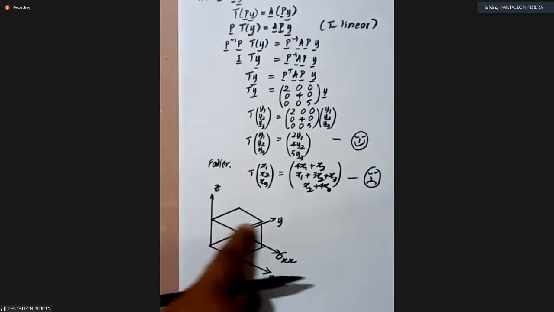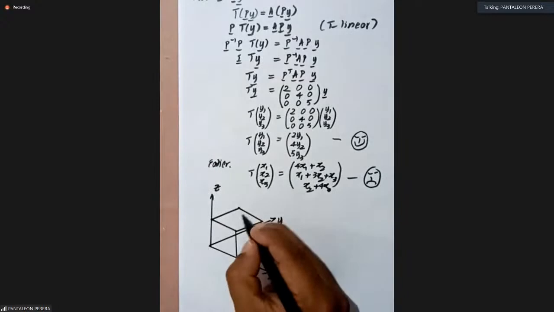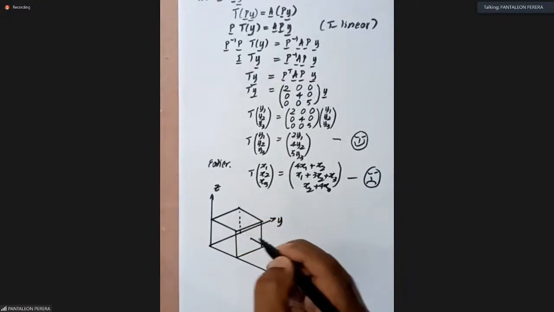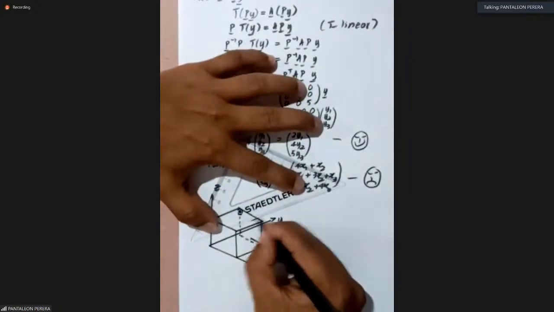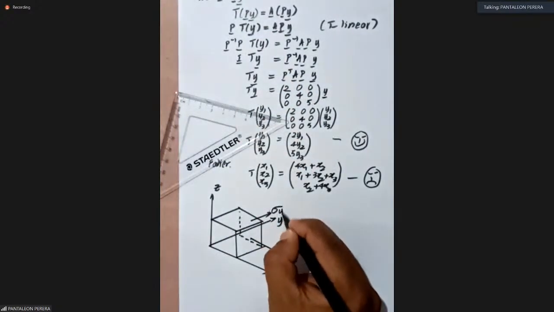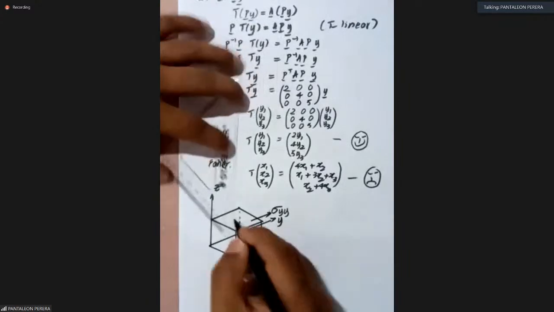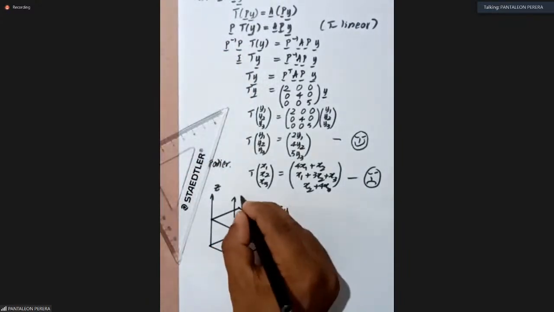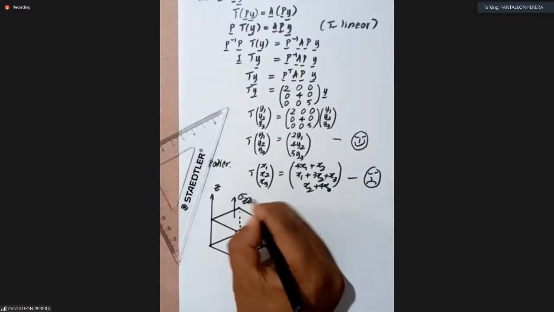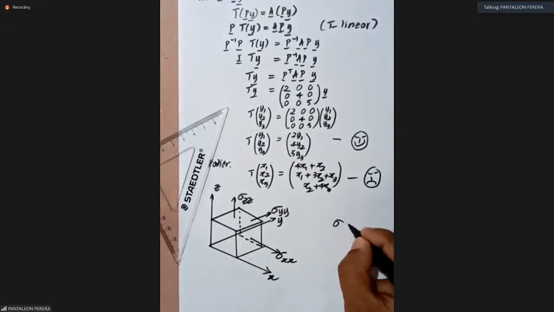We are on this plane where x is constant, right? Here to this side y is constant. So from this plane you have sigma yy. From this plane you have sigma zz. These are called normal stresses.